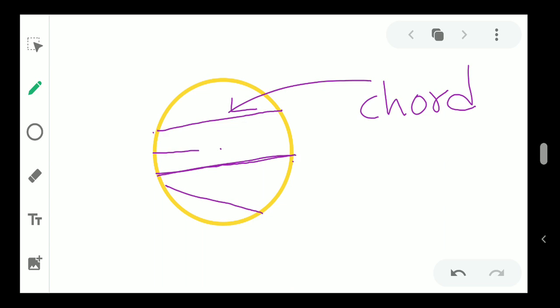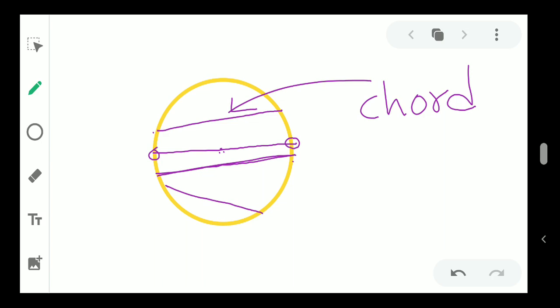But if any chord passes through your center, that will be your diameter. Chord means from one point it has to go to another point, but if it passes through the center, it is the diameter.